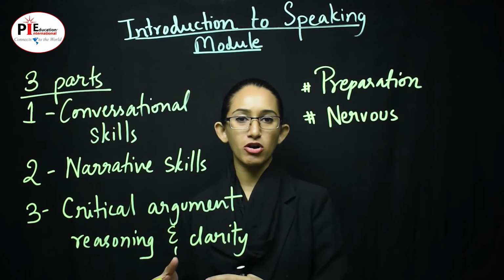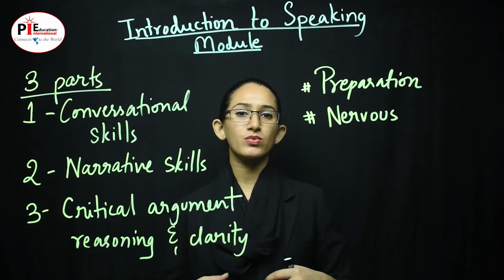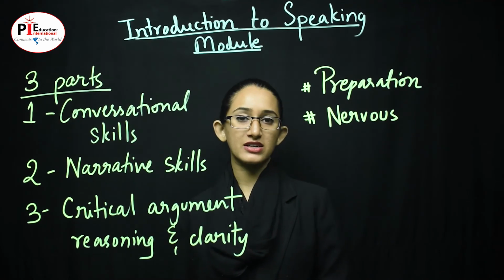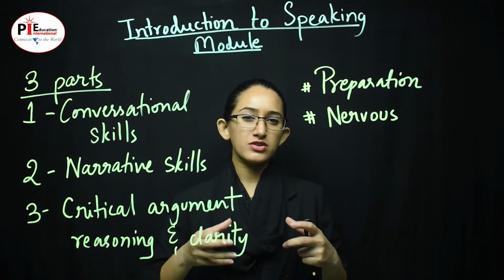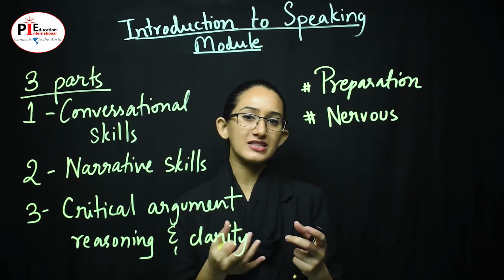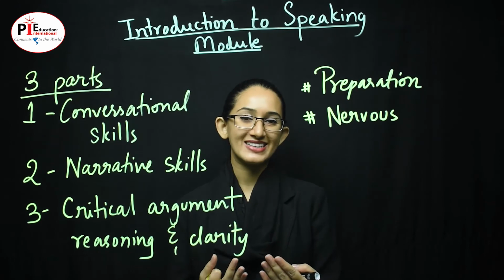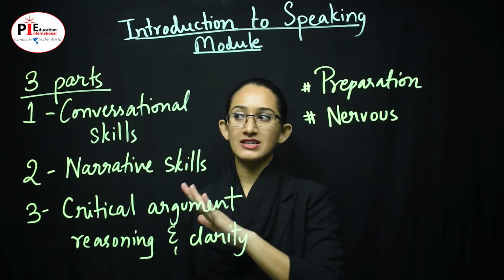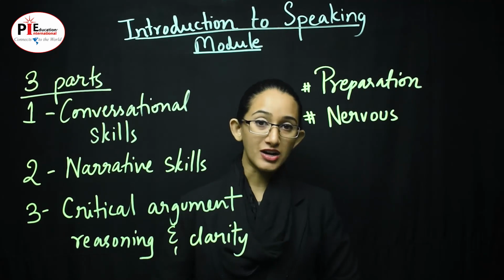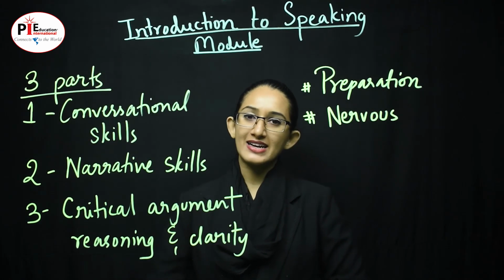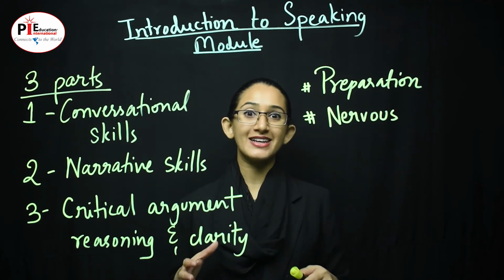Let's say you're given a topic and the examiner will then question you based on the specific topic and try to understand how you can explain your reasoning and how clear you are in how you convey the meaning. So these are the three different aspects on which you are judged in your speaking module. We'll be taking a look at each of these different parts in more detail.